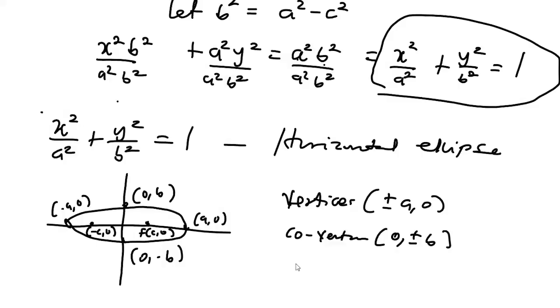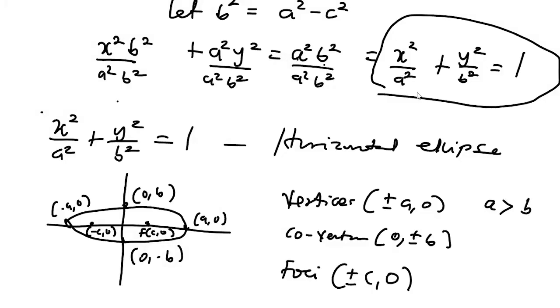Then the foci, since it lies on the horizontal axis, means that the two foci will lie on the horizontal axis. So we're going to get plus or minus c, 0. Yes, if it is in that form, that is that. Always a should be greater than what? a should be greater than b.